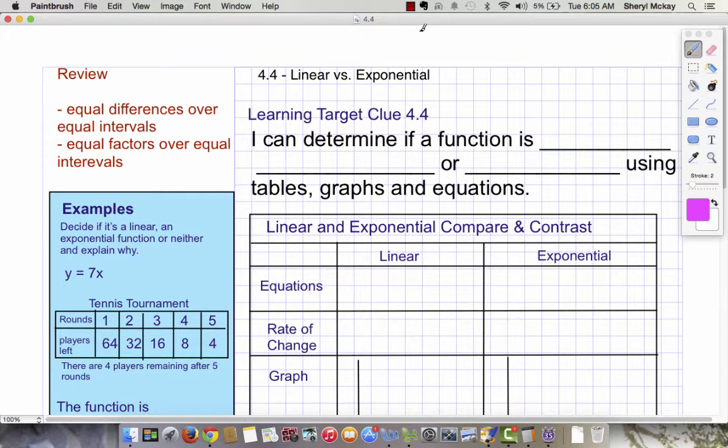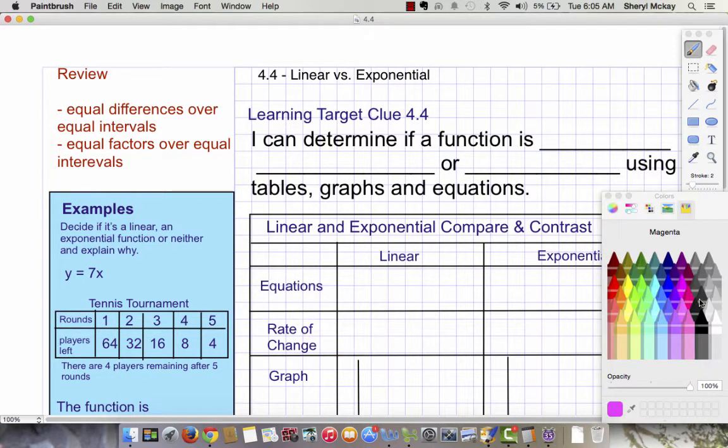So let's go ahead and start by filling in our learning target. Our learning target says, I can determine if a function is linear. Make sure you're writing this in. Exponential.